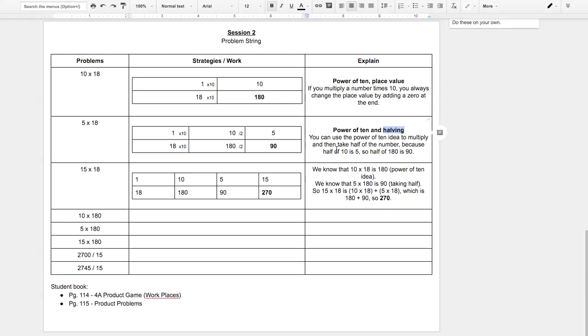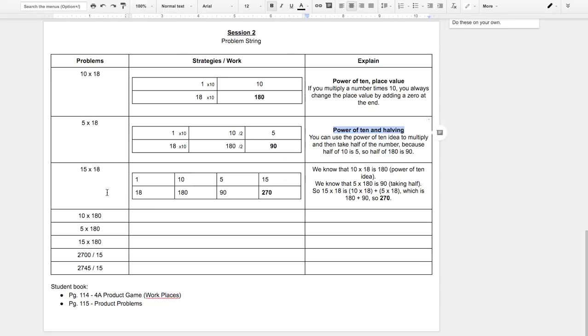Half of 180 is 90. And if you were to use the other strategy of 5 times 8 is 40, 5 times 10 is 50, add those two numbers together, you would also get 90. You can use either strategy you want, but these strategies could be a little bit quicker for you, and they definitely are easier and quicker once you're starting to use bigger numbers. All right, so let's move on.